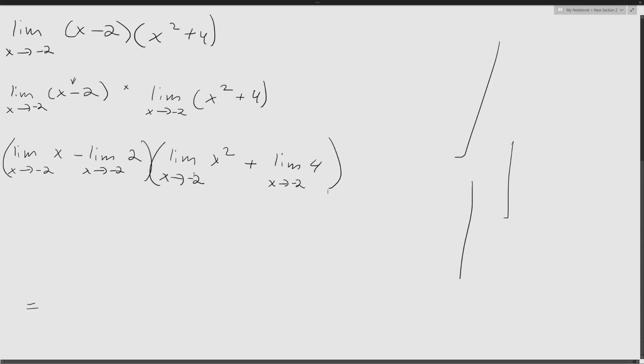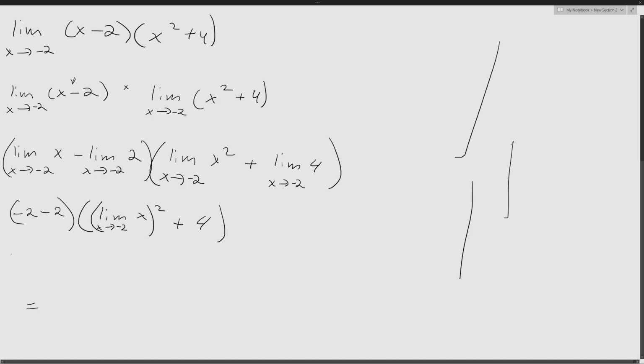Three out of four of these limits we actually know because of the fundamental properties. Over here we could just substitute x and we get -2. Here it would always be the constant, and so we get -2. The limit of x squared is the same as the limit as x approaches -2 of x to the power of 2. And then again, since we know that this is a constant, we just add 4.